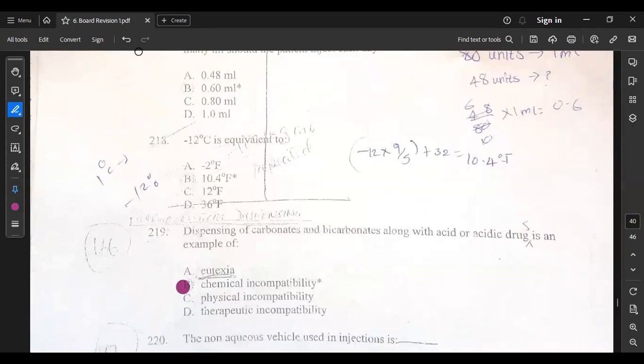Negative 12 degrees Celsius is equivalent to how many Fahrenheit? Yeah, so to convert from degrees Celsius to Fahrenheit, you multiply by 9/5 and then you add 32.